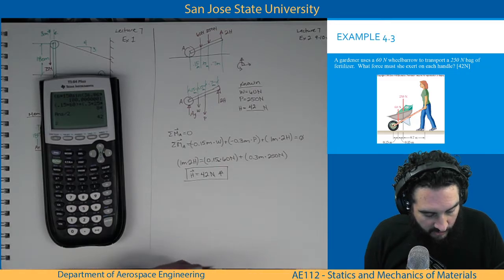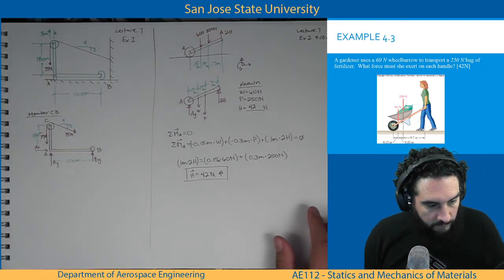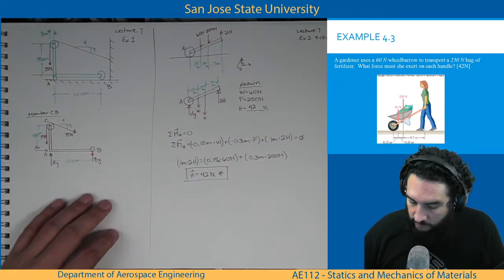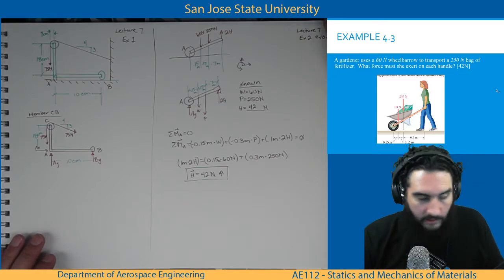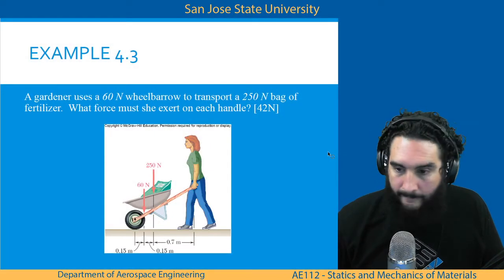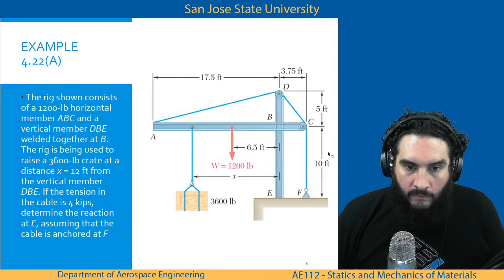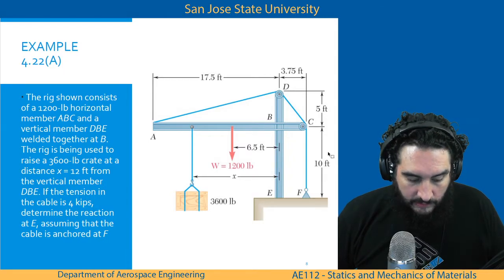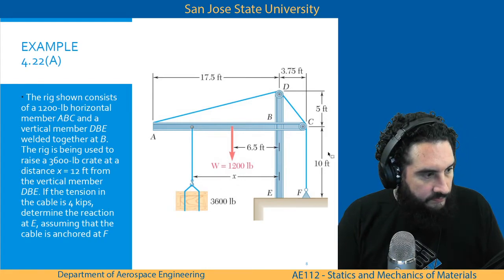Any questions on this problem? Oh, I'm putting that away. All right, let's move on. Is this my next example? I have a couple in here that if you want to try, I have solutions for.